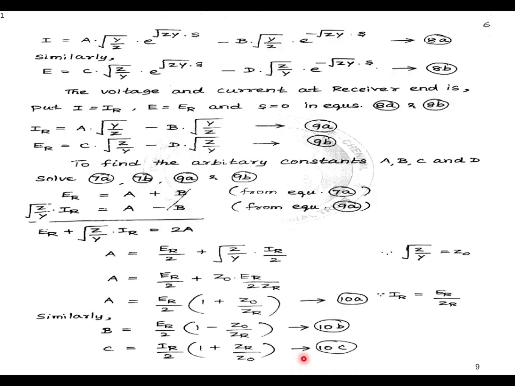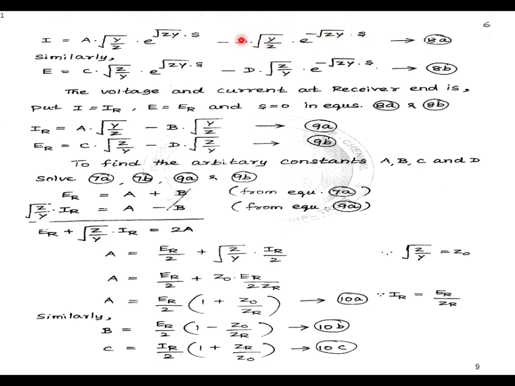We want only this current I. So I equal to, this Z comes here, so A into root of YZ divided by Z. Here that Z we can write as root of Z into root of Z. That root of Z gets cancelled. So we get root of Y by Z. So A into root of Y by Z into e power root of ZY s minus B into root of Y by Z into e power minus root of ZY s.